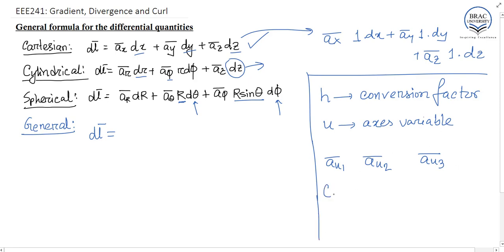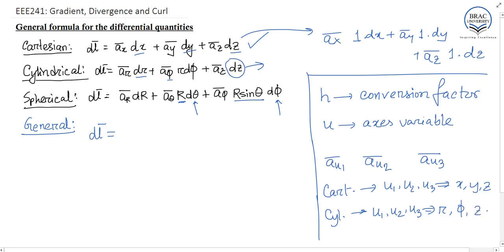If we're talking about the Cartesian coordinate system, u1, u2, u3 convert into x, y, and z. In case of the cylindrical coordinate system, u1, u2, and u3 convert into r, phi, and z.